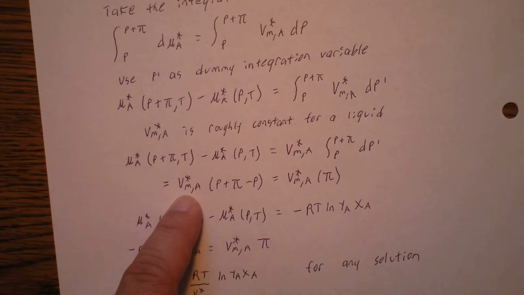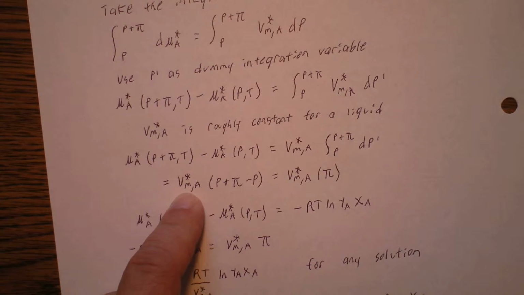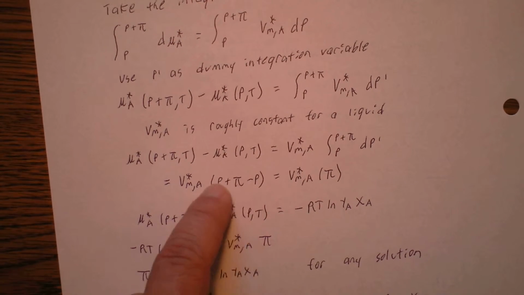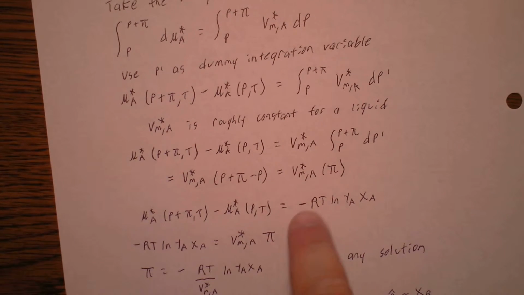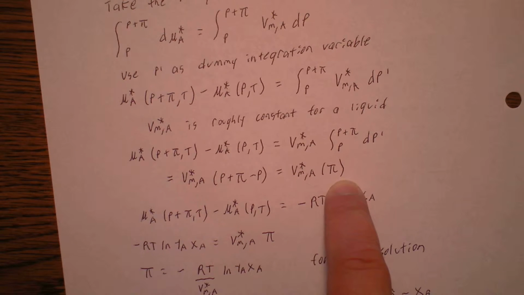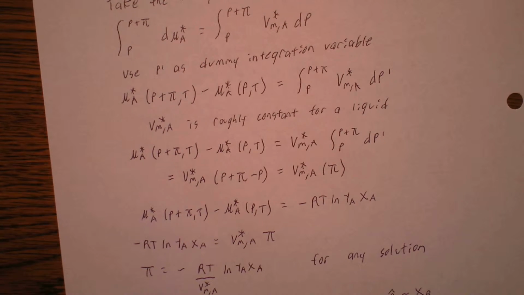So that's easy because if we just get that out, we get that's equal to the molar volume of substance A in the pure state of P plus pi minus P, so those cancel out. So we end up with just the molar volume of substance A at the osmotic pressure.